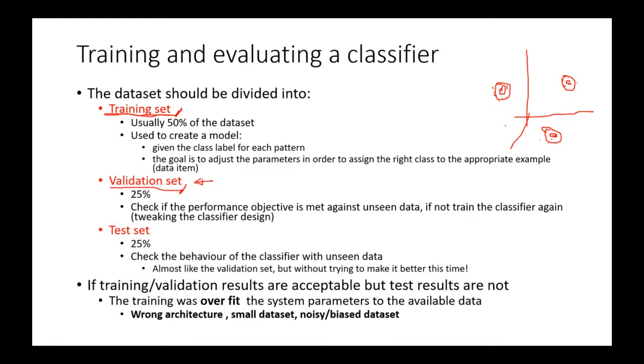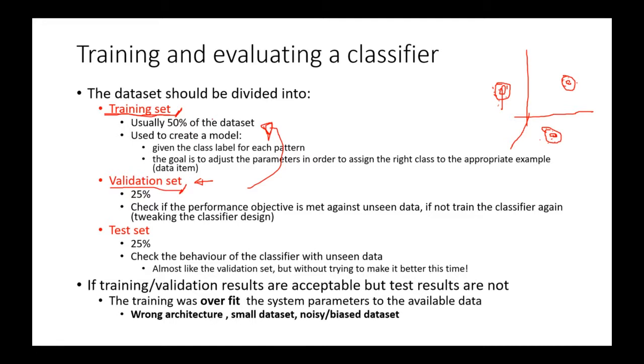Remember, I drew a star here, and you check whether your system classified this star correctly. What if your model doesn't classify points in the validation set correctly? You change your model, you change your model parameters. So you use the validation set to get a better model.